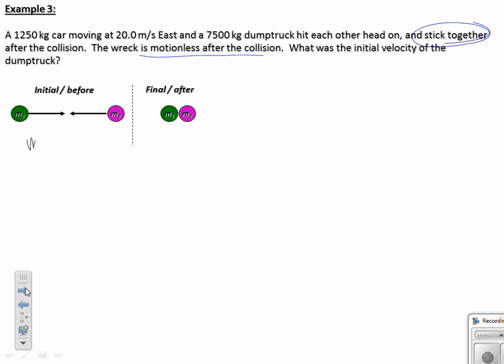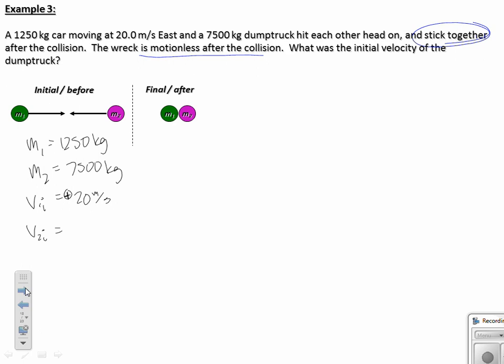Let's call M1 the car, M2 the truck. V1 initial is 20 meters per second, we'll call it positive for east.